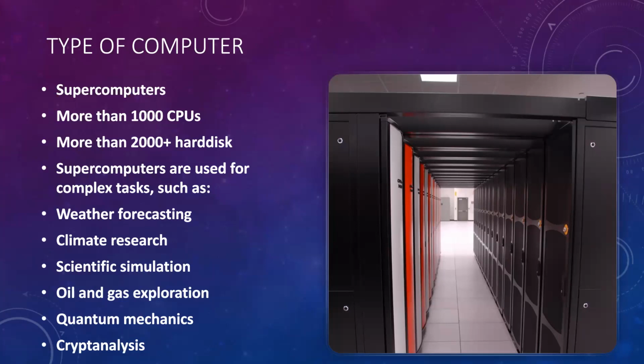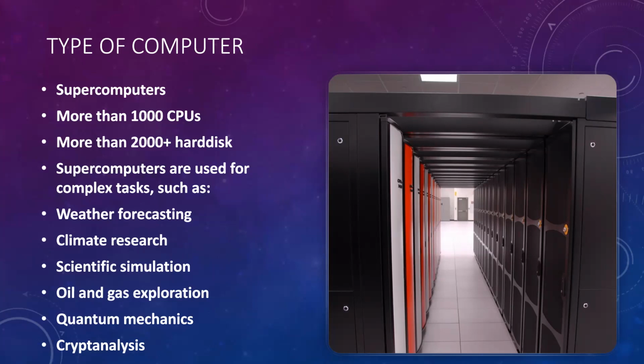There are around 1,000 CPUs in a supercomputer and more than 2,000 hard disks inside it to record the data processed by the supercomputer. As I mentioned, weather forecasting, climate research, and even oil or gas exploration are done using supercomputers.